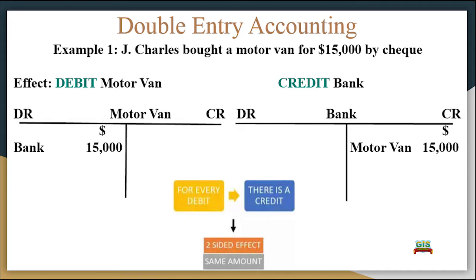$15,000. This should be here, guys, $15,000. And we credit, it's all jumbled up, but y'all get the idea. We credit the bank account who is giving the benefit because it said by check, meaning we wrote a check, we are losing $15,000 from our possession. We are giving away, not literally, $15,000 towards acquiring that asset.